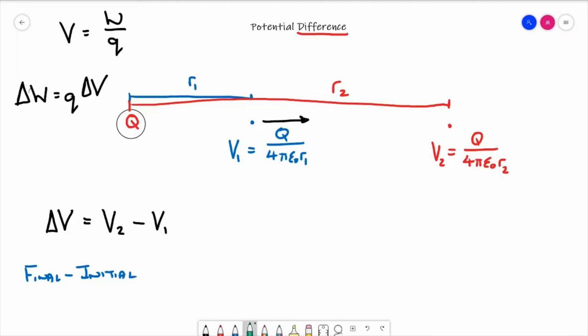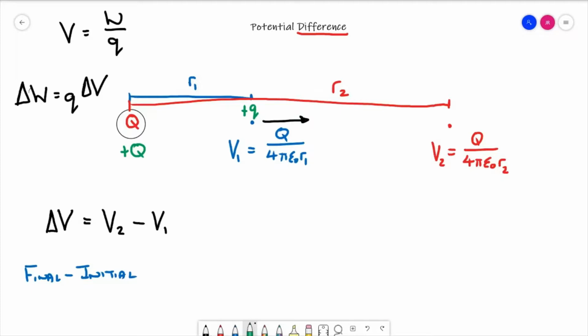If now we go back to this original diagram and start to think about what's happening, let's now call this positive Q and have a look at what's going on with the positive charge, and we'll make this again a small positive test charge as well.